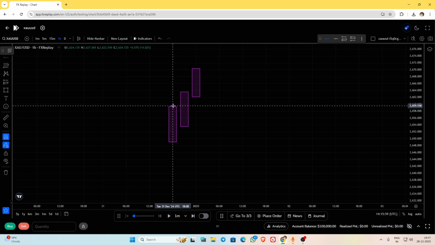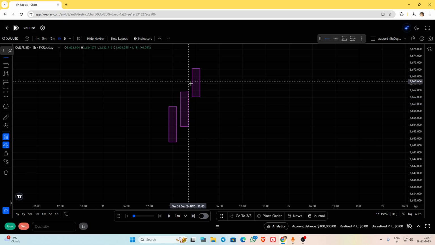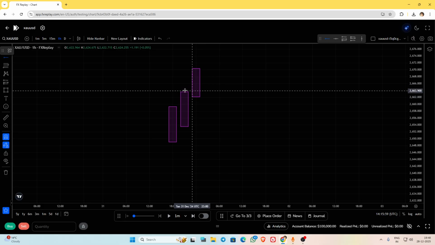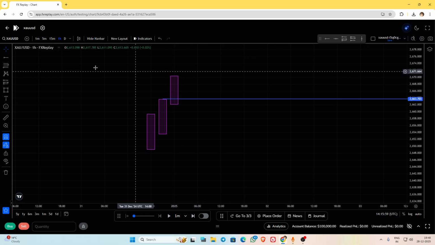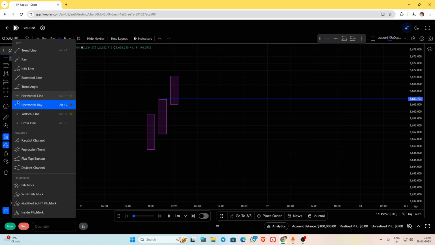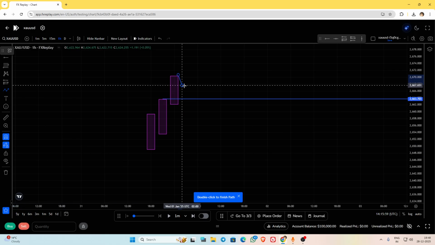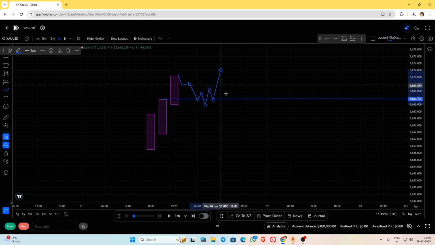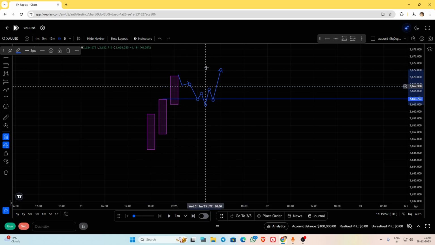The 7 a.m. candle highs and lows will be marked, and then we will wait for the 8 a.m. candle to close above the 7 a.m. candle. Then we will mark that POI and we will wait for the market to come back and tap into the POI, then give us CISD and we will take the trade towards the DOL. So this is going to be our first scenario.